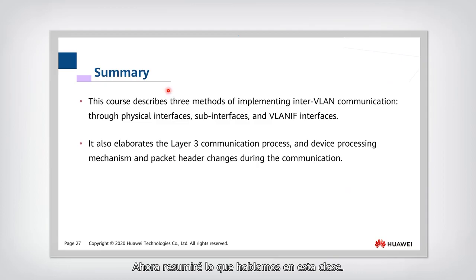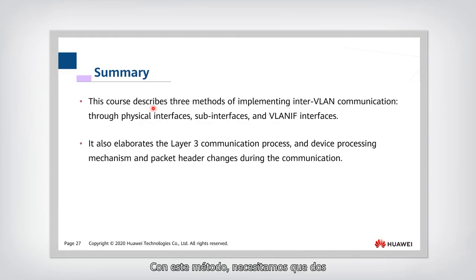Okay, so until now, we can summarize the content we talked about in this lecture. In this lecture, we described 3 methods for implementing inter-VLAN communication. One is that we can go through the physical interface.